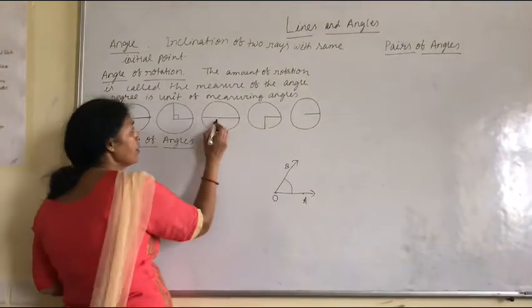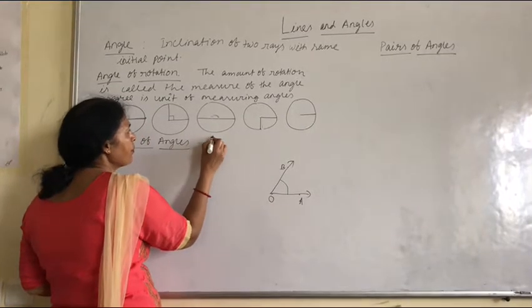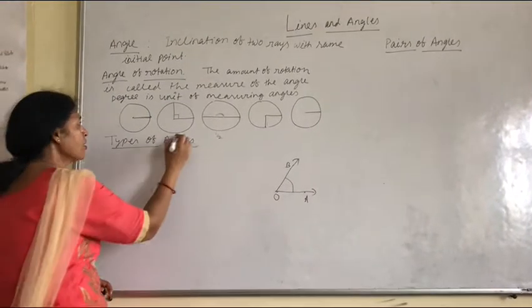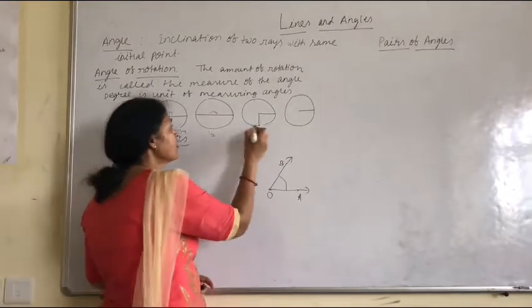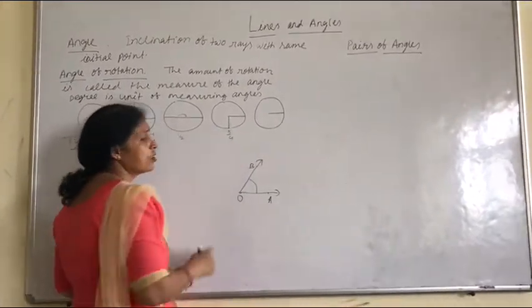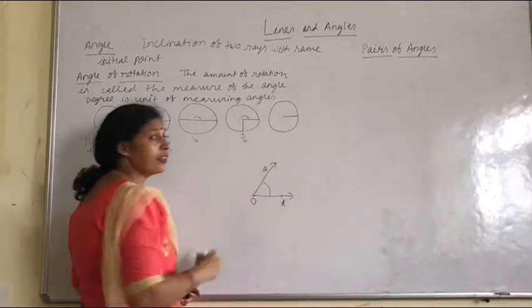Then half, this is half of 360 degree. This is 1/4 of 360 degree, and this is 3/4 of 360 degree. That means this angle is your 270 degree.